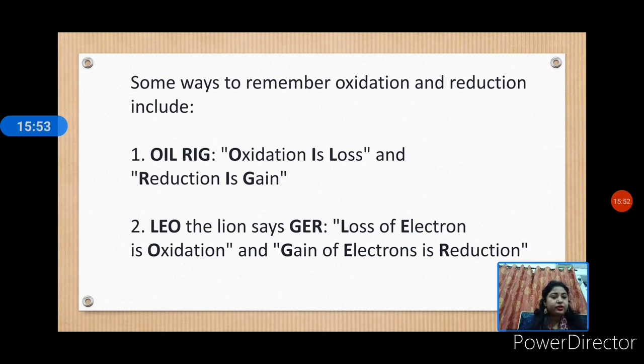Okay, if you find it easy, you can remember by this, but I have learnt by heart that loss of electron is oxidation. If one is clear, the second we can write, bring it out whenever we require it. So loss of electron is oxidation. This simple sentence you have to learn by heart. So even when you are in sleeping mode, if I ask you what is oxidation, you can say loss of electron is oxidation.